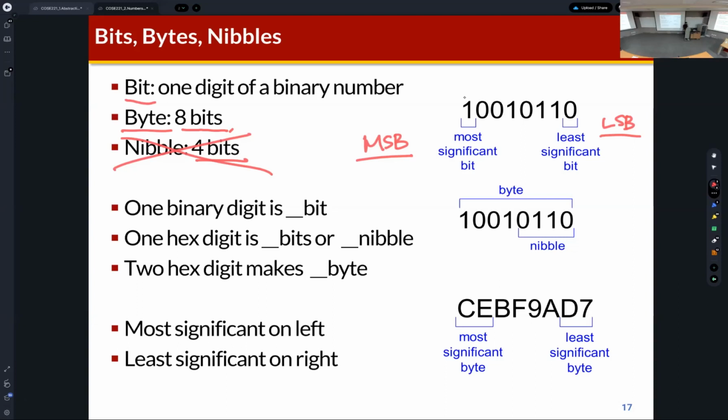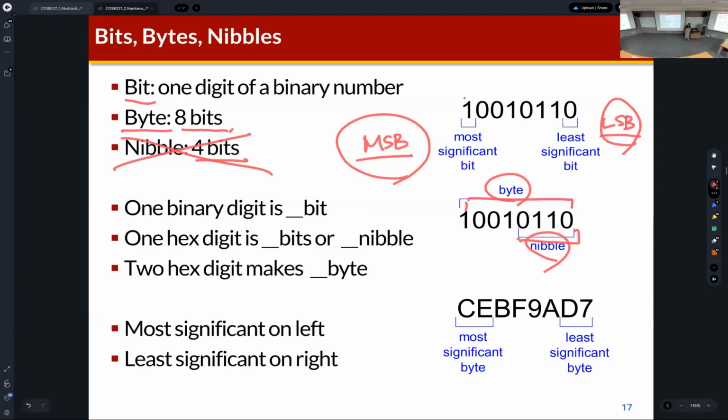It's the most significant bit. So we will frequently use the LSB and MSB. And then the 8-bit is the byte, and 4-bit data is equivalent to the nibble.